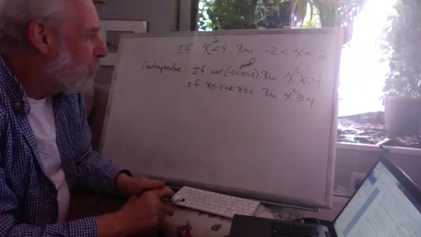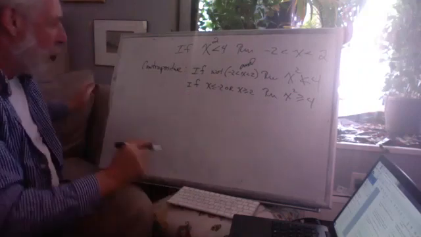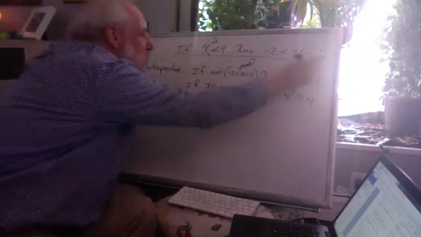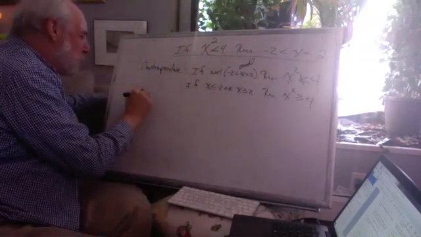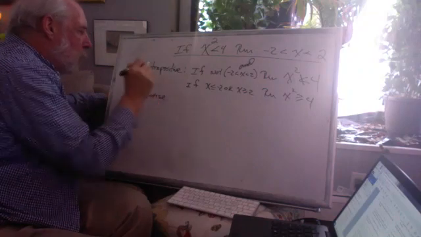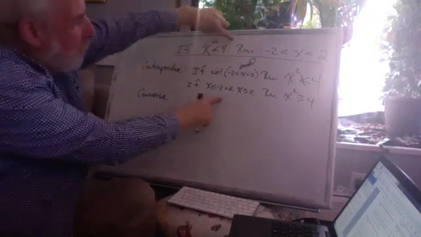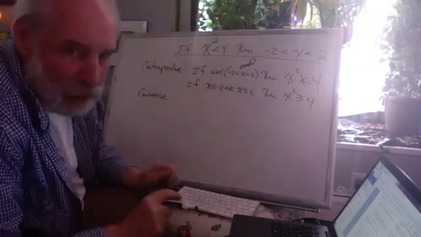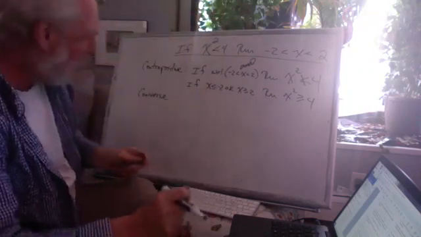We could also do it with pictures if you have the number line and all of that. All right, now from the original statement, and by the way, these two statements are logically equivalent.